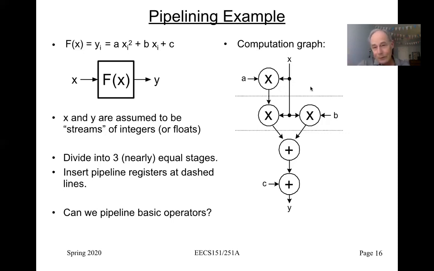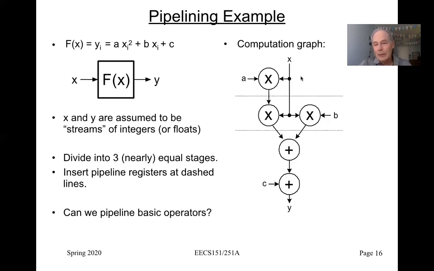But to actually figure out the exact best place to pipeline, you might want to do some analysis of the delays through these blocks, of course, and get things as balanced as possible. Now, I put the question here, can we pipeline the basic operators? Yes, it's somewhat common in this type of computation to pipeline the multipliers.